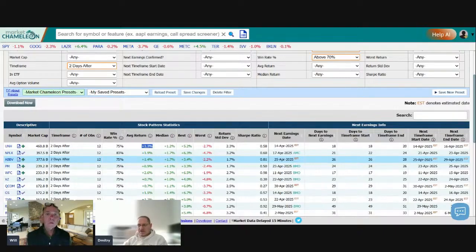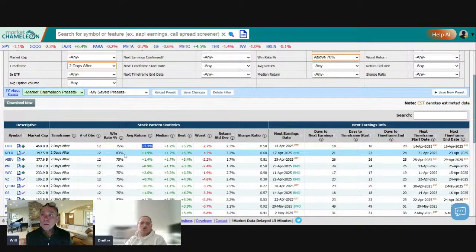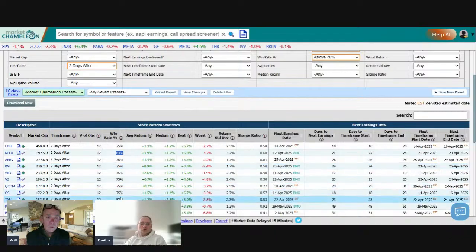So it starts end of day after earnings, and then for a 2 day hold. So you could see here, on average, this was up 75% for 2 day hold post earnings. Netflix post earnings 83% in the last 12 quarters, and so on.